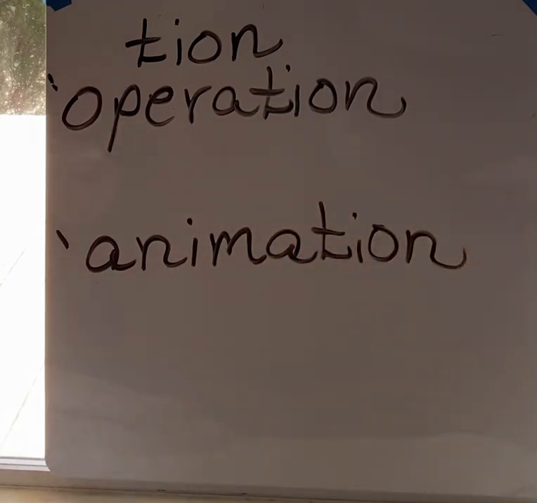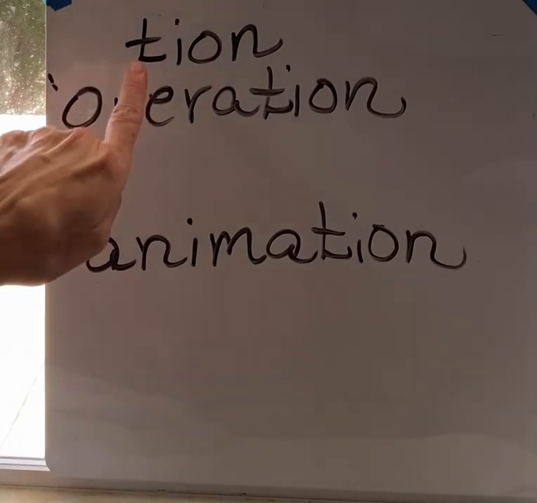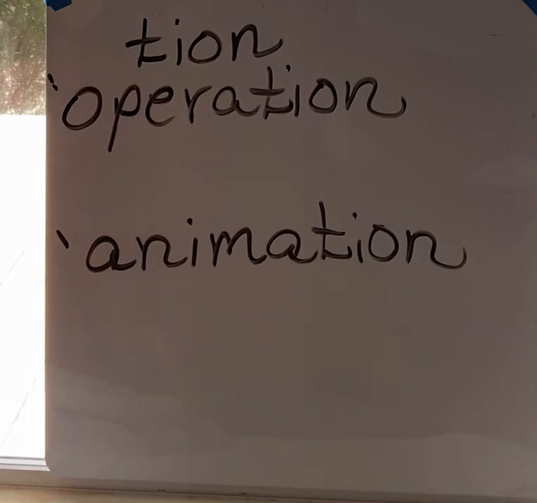Okay? Whenever you have words in English that end with tion, such as these two, then in order for you to turn those words into Spanish, it is quite simple. This is something very easy to remember, okay?